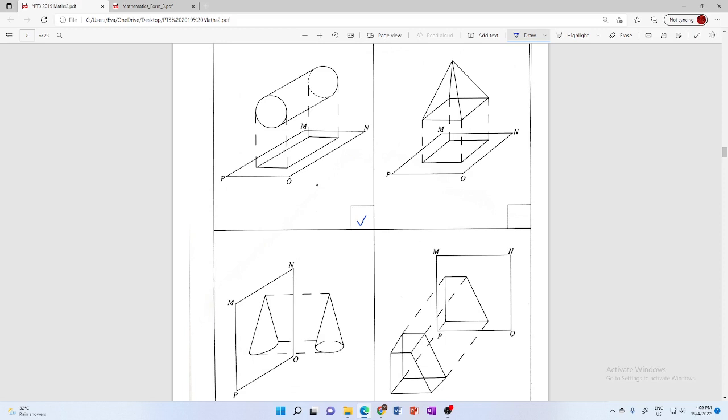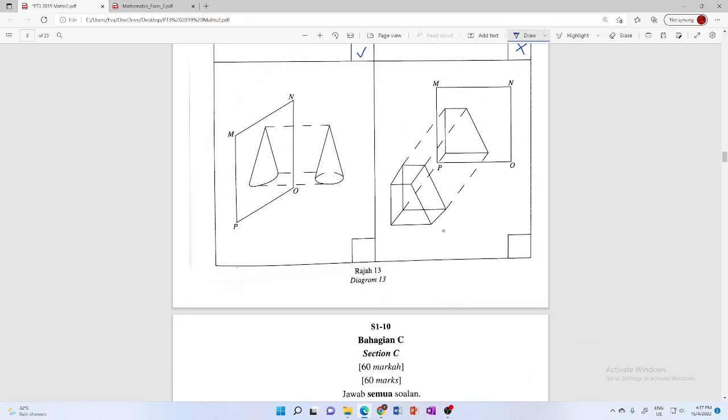The projection is 90 degrees on the plane. This is wrong. You should have a cross in the middle. And this is wrong too. You should have a straight line instead of a round. This is a triangle. The projection is 90 degrees, so this is correct.